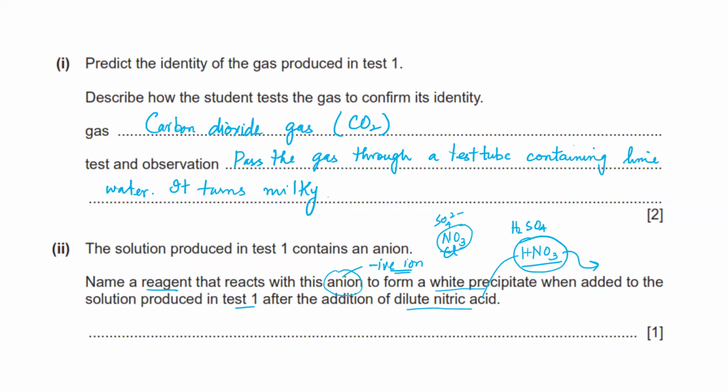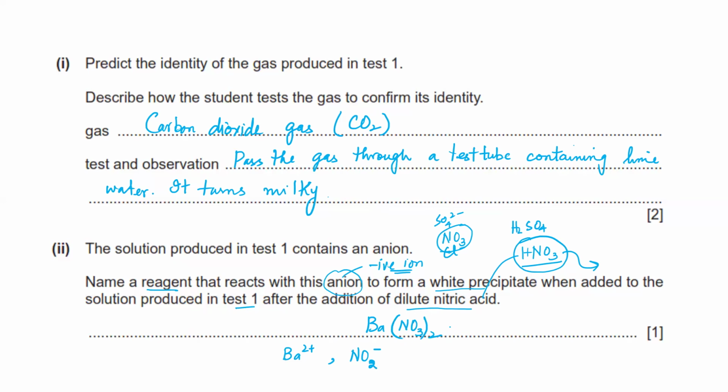Generally, for a white precipitate, a safe salt that always gives a white precipitate is a barium salt. So the good answer will be barium nitrate, Ba(NO3)2, since barium is 2 positive and nitrate is 1 negative.